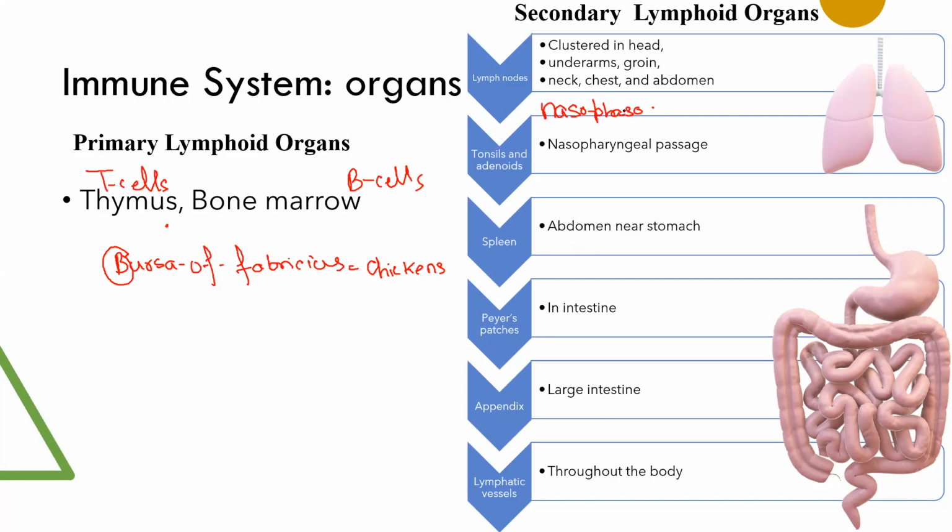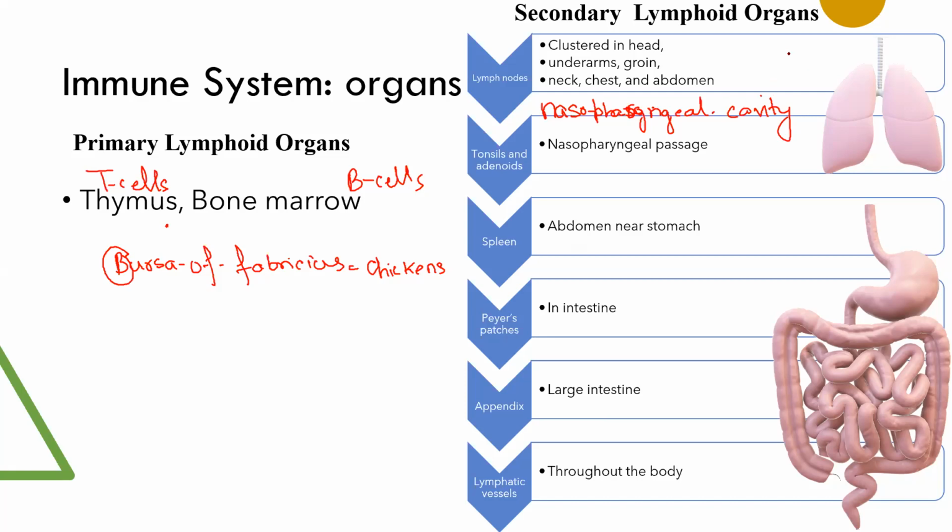Nasopharyngeal cavity is very important from the point of view of interaction with antigens. So as the B cells and T cells are surveilling the entire lymphatic system, they are also surveilling these different organs. And in these different organs, we have sites where there are lymph node like structures.